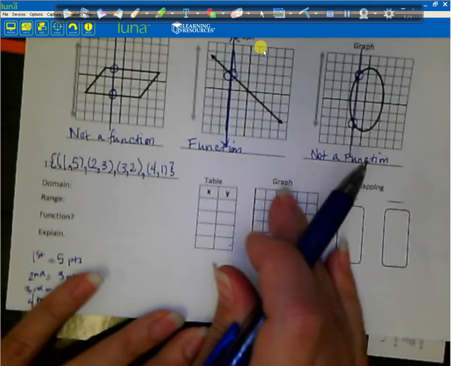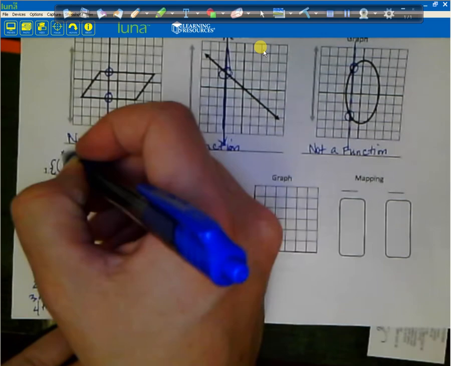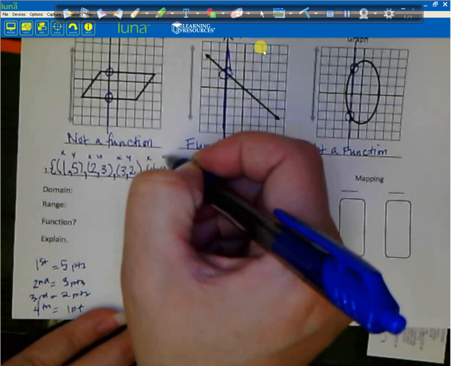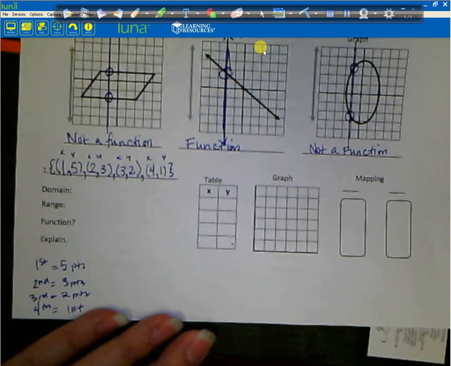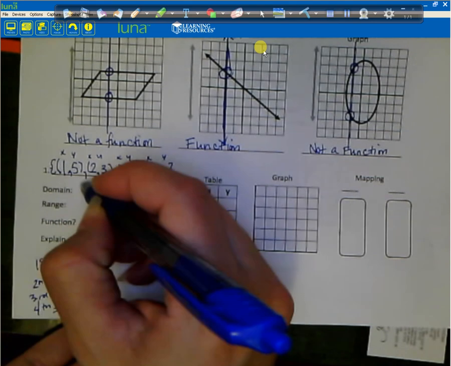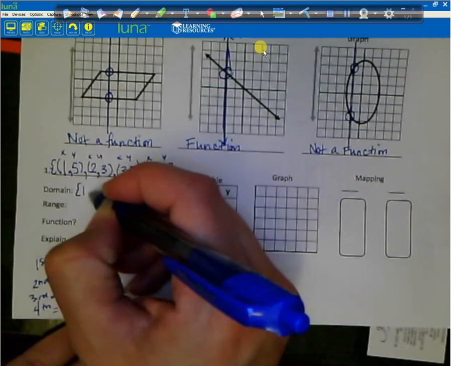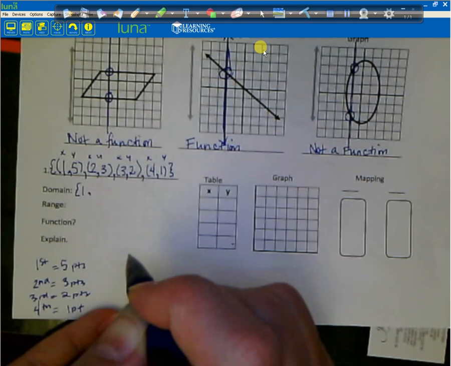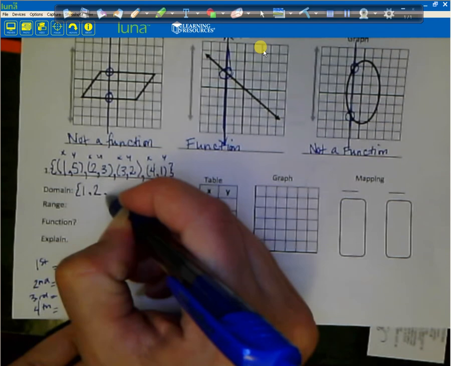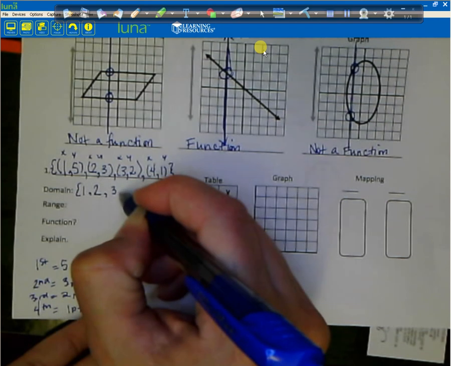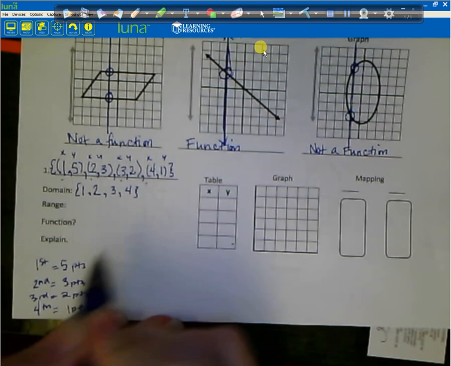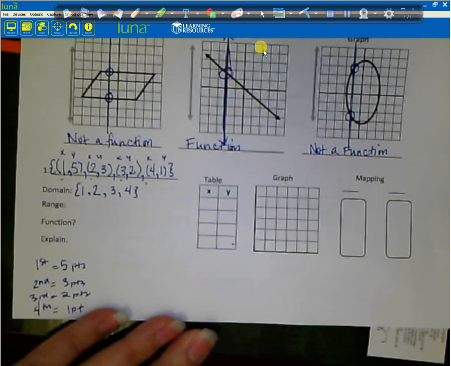I know in my ordered pairs that they're listed xy, xy, xy, xy, and you're welcome to label those if that makes more sense to you. So my domain is simply a list. I do put it in squigglies and I do put a comma between each number, but it is simply a list of my domain, my x values, from least to greatest. One, two, three, four. Those are my x values from least to greatest.